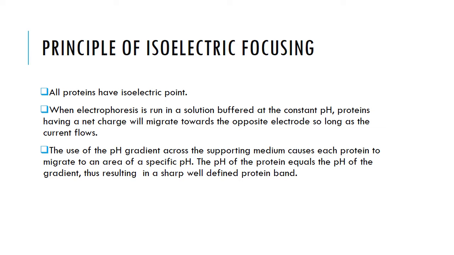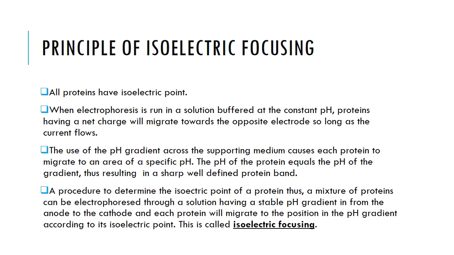If we have about 3 types of proteins in there, each protein will go and form a protein band at a certain pH value. That same pH value is what we call the isoelectric point.